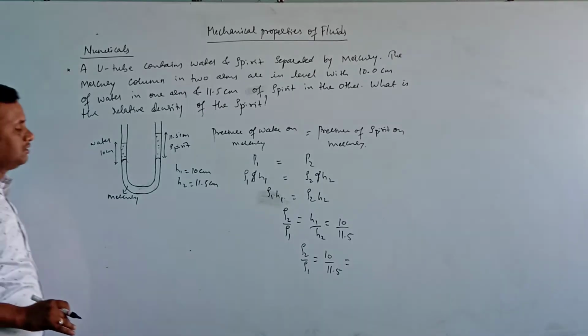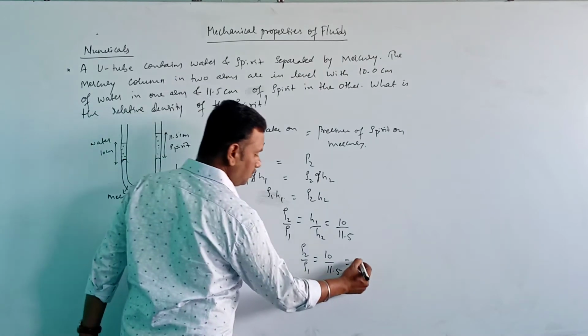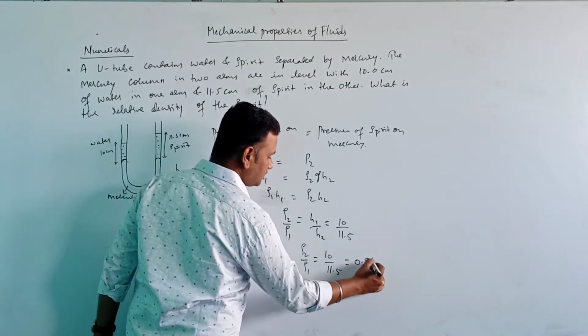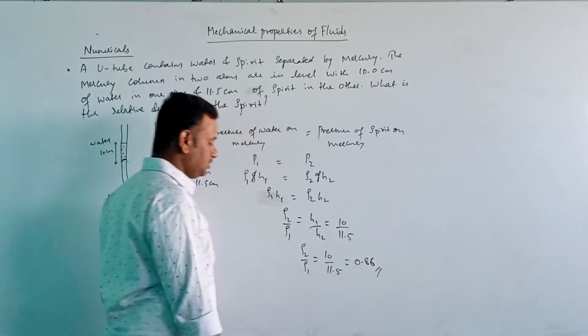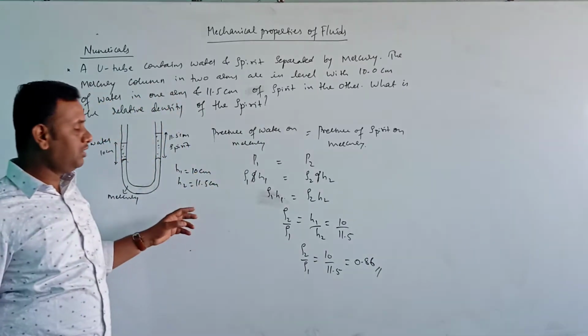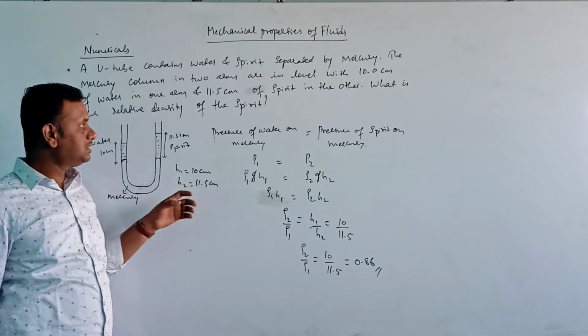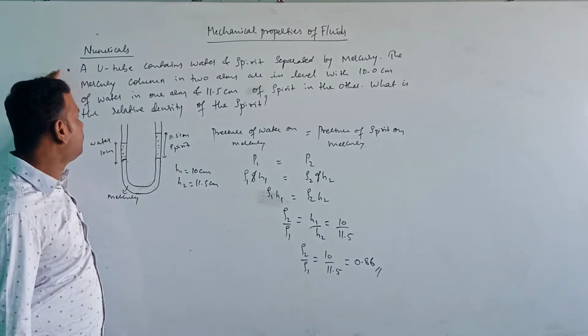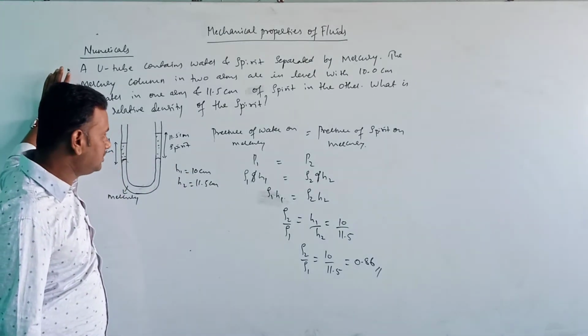So if we divide it, you will be getting 0.86 as the answer. So the relative density of spirit will be 0.86. Okay. So this is the solution for the first question in today's questions.